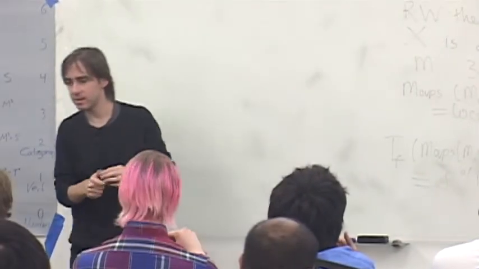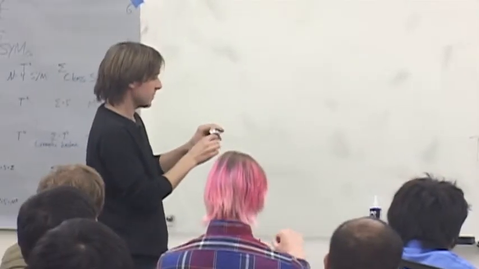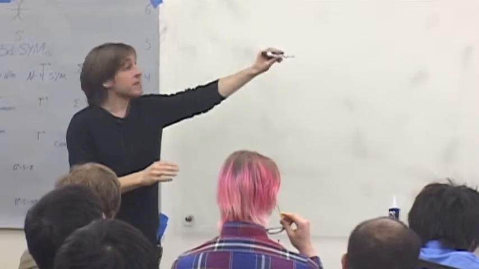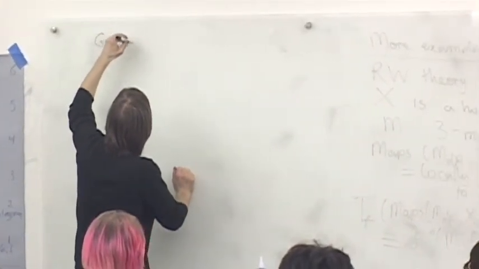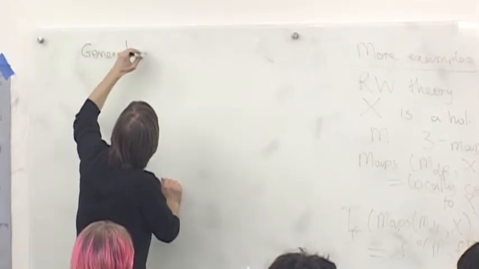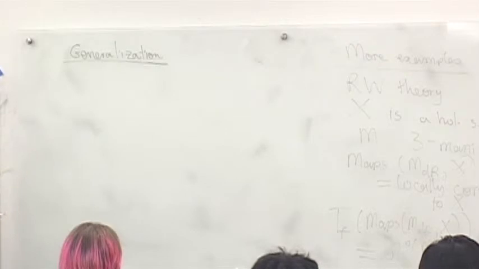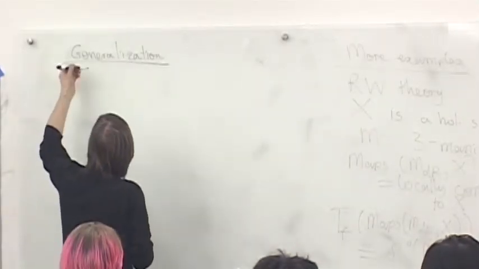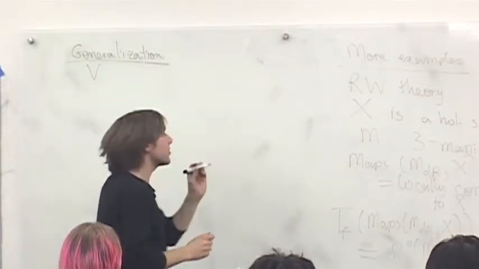Okay, so this generalizes. Suppose instead of some holomorphic symplectic manifold, I took some kind of holomorphic symplectic stack. Let's do the situation Tudor and Andy were explaining.